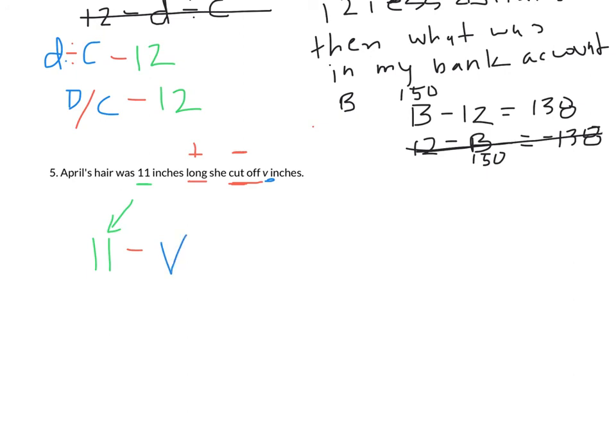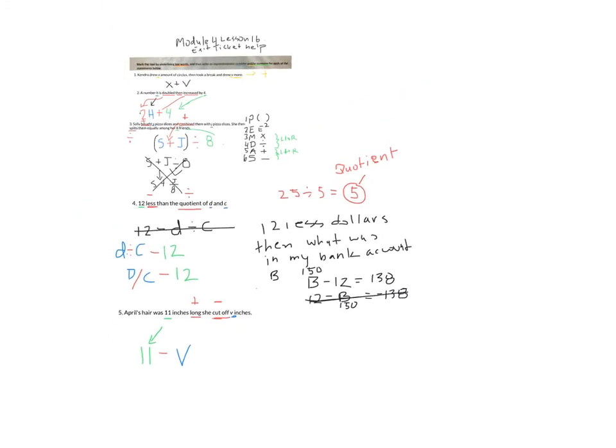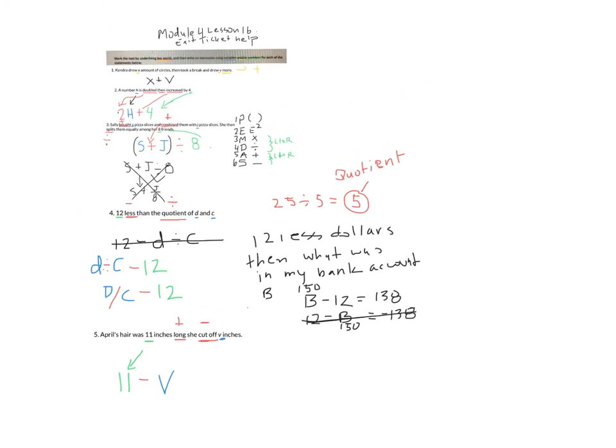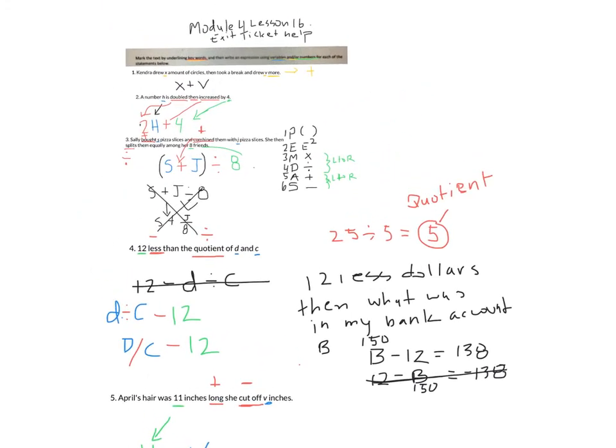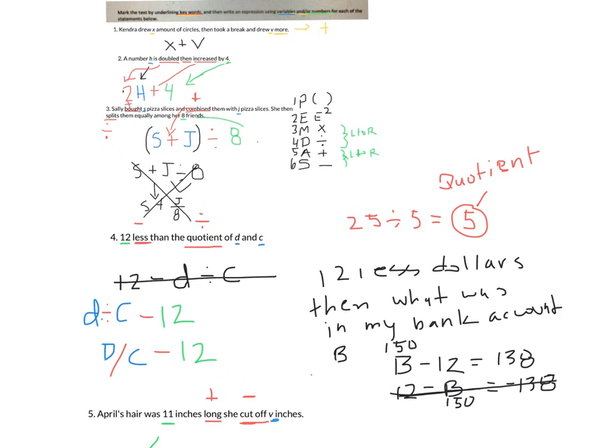It's just 11 minus V. 11 is what she had. V is what is being taken off. So again, this was just some review on what we went over. Please make sure to go through it, pause, rewind, watch it again, and make sure that you are familiar with all the different terms that are being used in here.